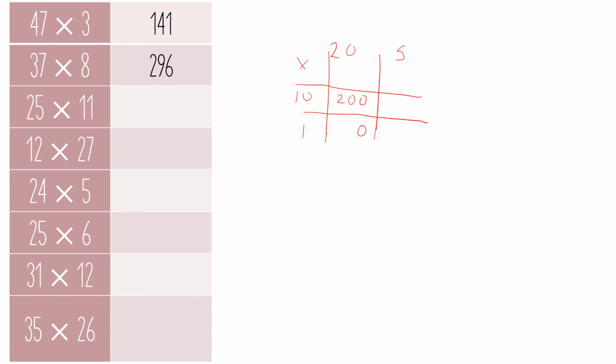Bring the 0 down, 2 times 1 again. Bring the 0 across, 5 times 1, and 5 times 1 there. So adding them together, 200 plus 50 plus 20 plus 5 is 275.